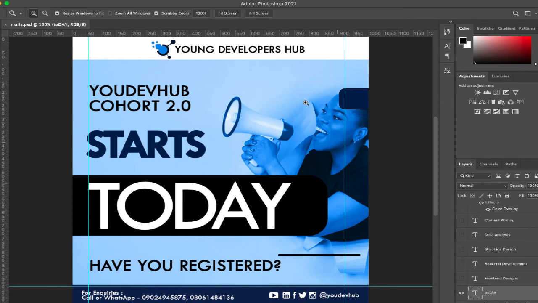Alright, taking a look at this design, we can see that this design talks about a lot of things. First, we have the font sizes, the spaces in between the elements, the images, the color, the text, the lines, and every other thing. They are neatly arranged in such a way that just a glimpse at this and you can depict the idea of what it is. You see, the word today is written very bold so as to attract someone to know what is going on.